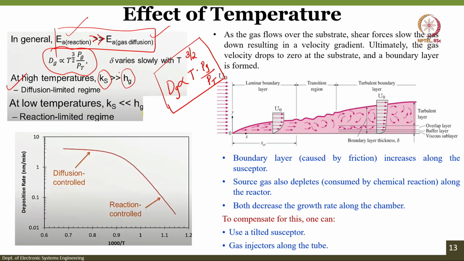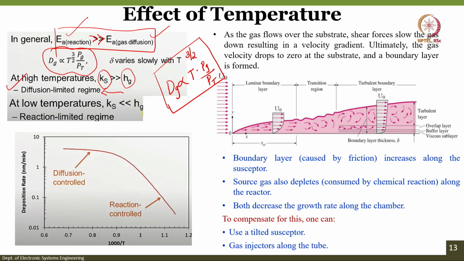And so whenever you have a very high temperature in your chamber, the rate limiting mechanism would be diffusion. So at high temperature, the CVD process would be in a diffusion limited regime.